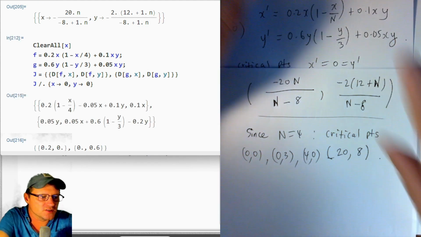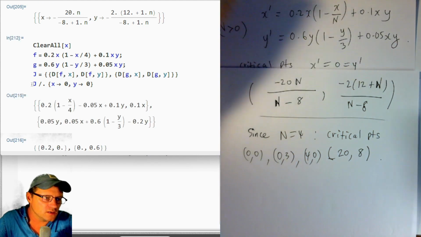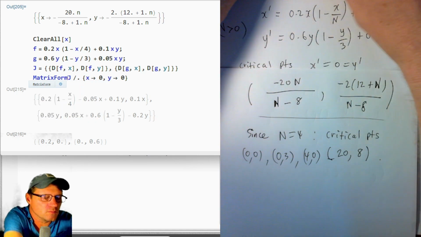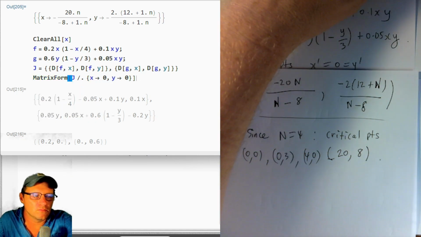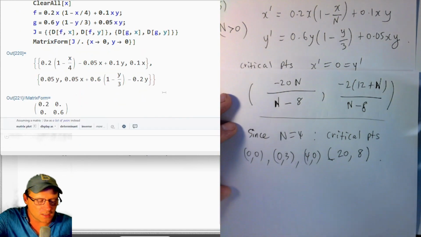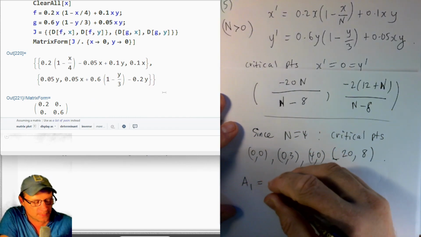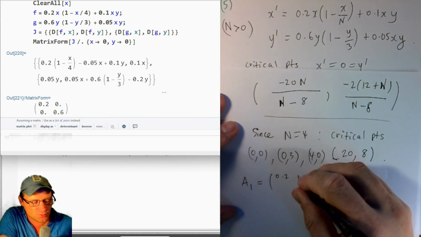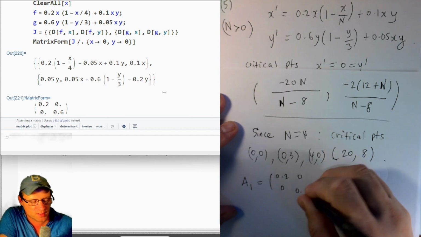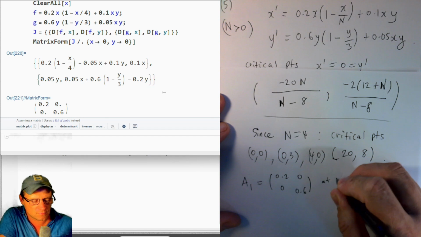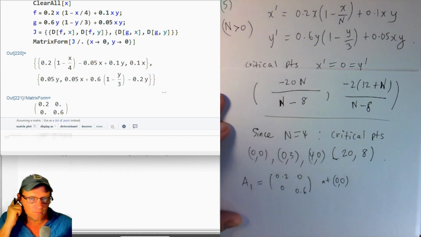This will give me the Jacobian matrix at the critical point 0, 0. Call that A1, which is 0.2, 0, 0, 0.6.